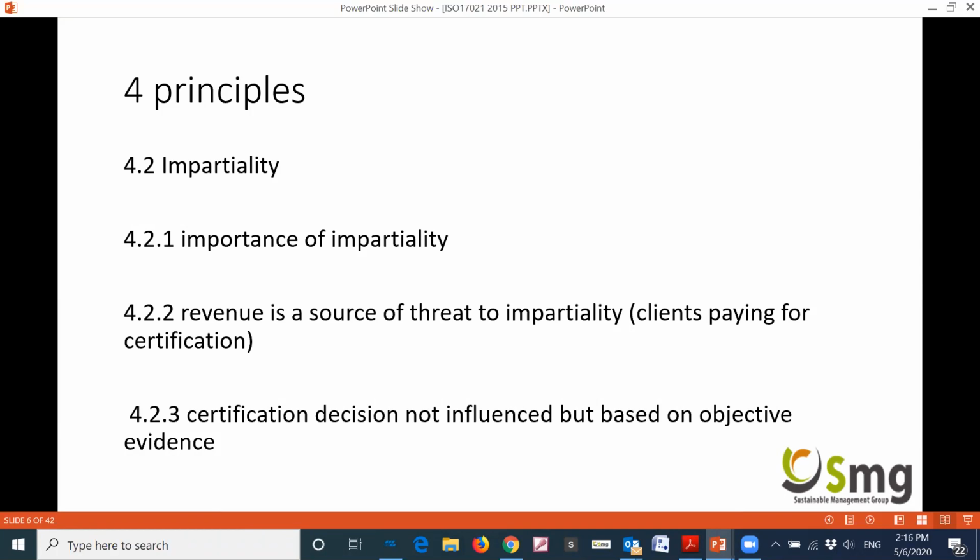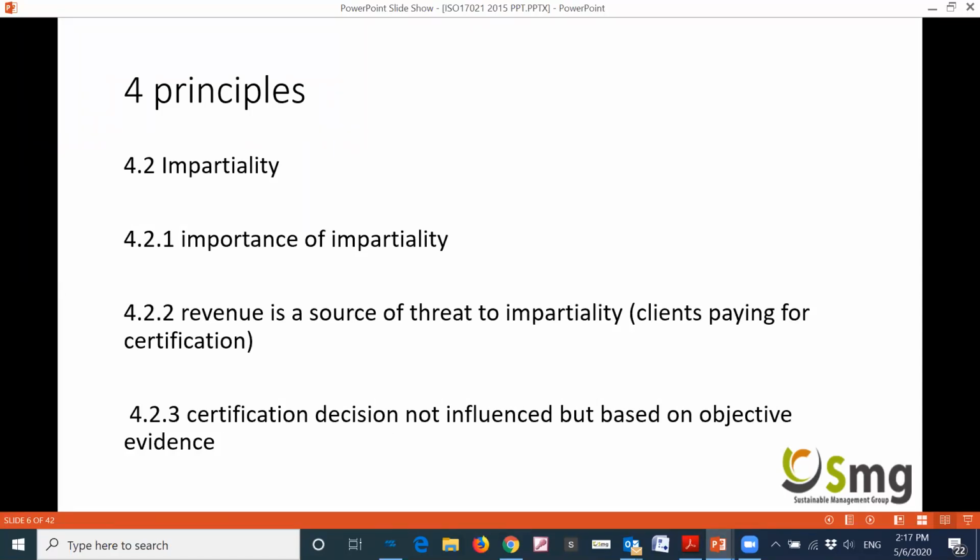Is the client going to be happy if we do a real audit and are fair in collecting evidence and pointing out the conformity and non-conformity areas clearly, objectively, and telling them that probably your certificate cannot be granted now, but it will be granted once you address those non-conformities? Are they going to be happy with that?